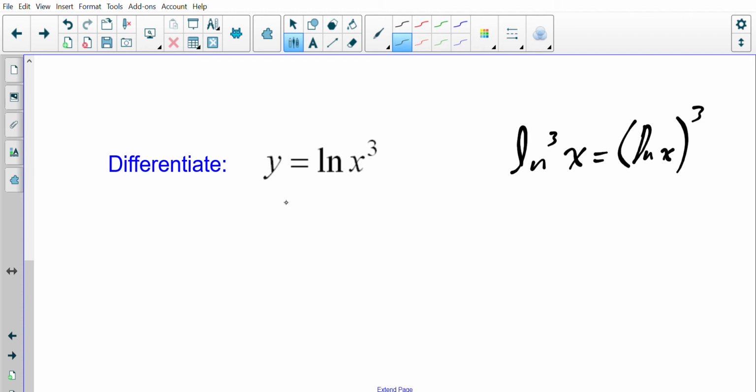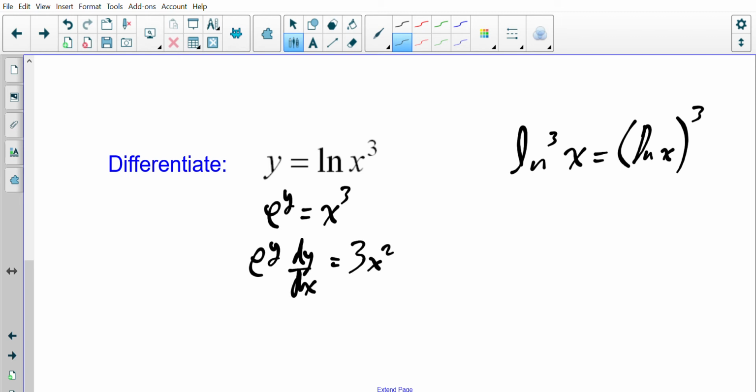However, what we're doing here is finding the derivative by switching it to e to the exponent y is equal to x cubed. Use implicit differentiation, so e to the y times dy/dx equals the derivative of the right side, 3x squared. Rearrange for dy/dx. So that's 3x squared over e to the y, and we know that e to the y is x cubed.